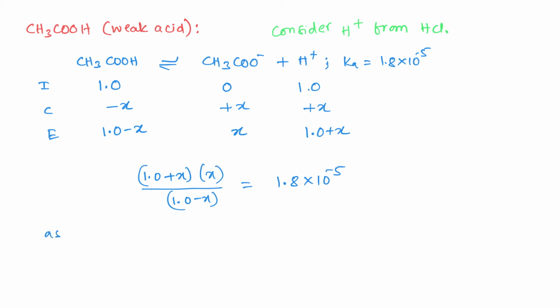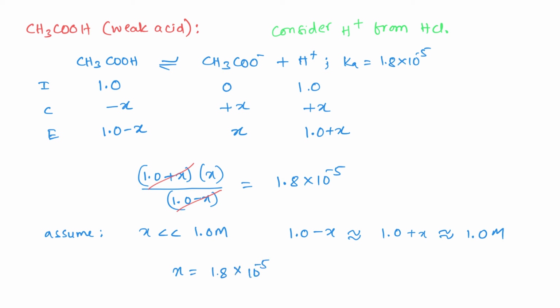Now, let us make the assumption that X is very small relative to the initial concentration of acetic acid, that is 1.0 molar. Therefore, 1.0 minus X and 1.0 plus X can be considered as 1.0 molar. If we plug in these values, we get X is equal to 1.8 times 10 to the minus 5 molar.